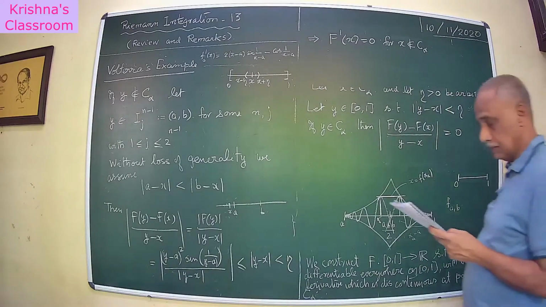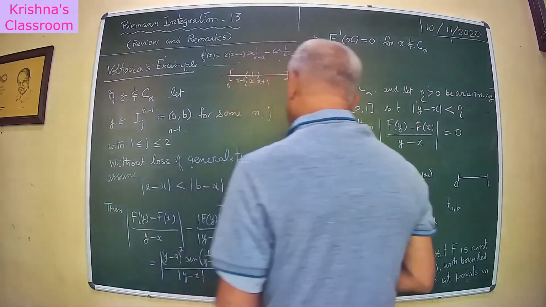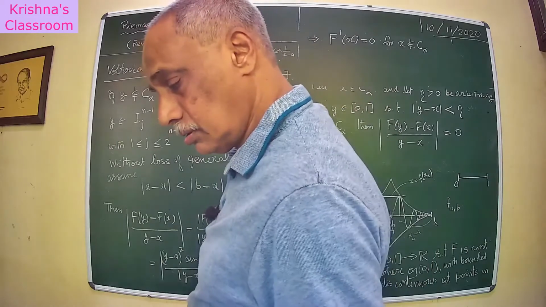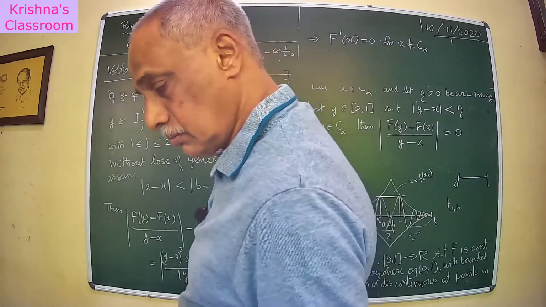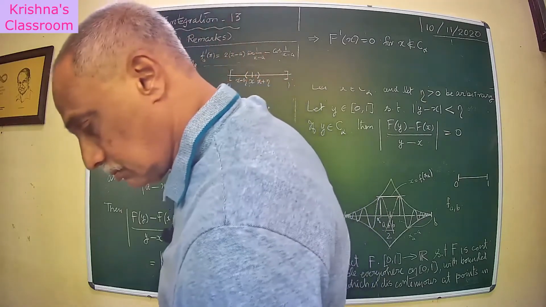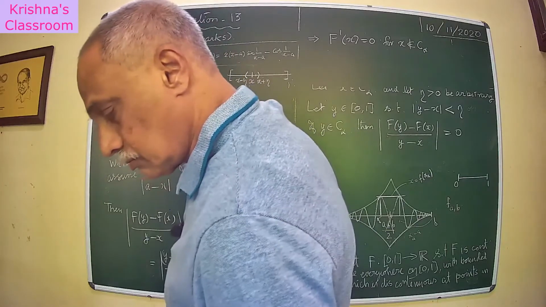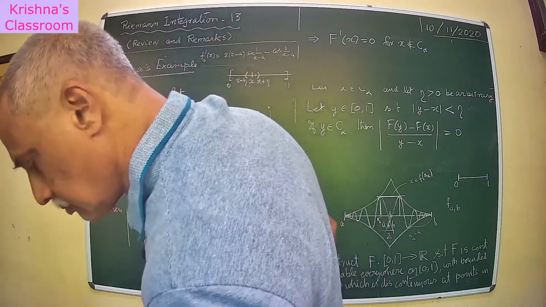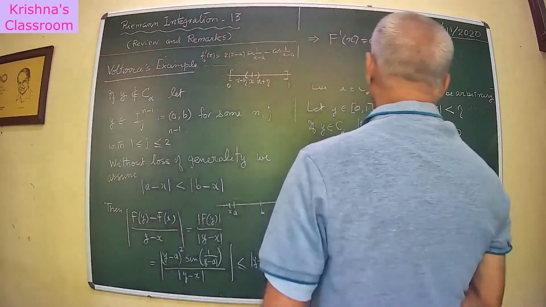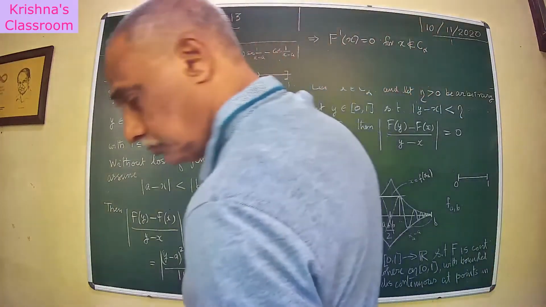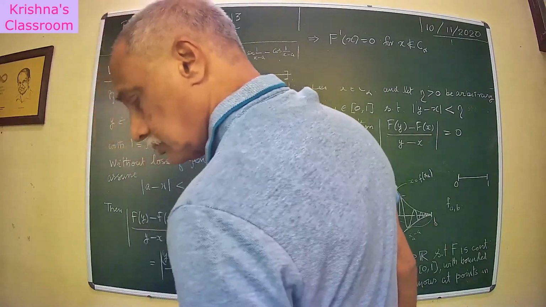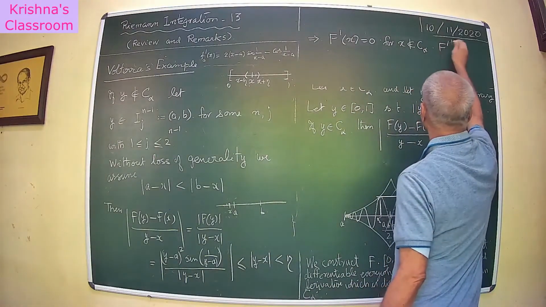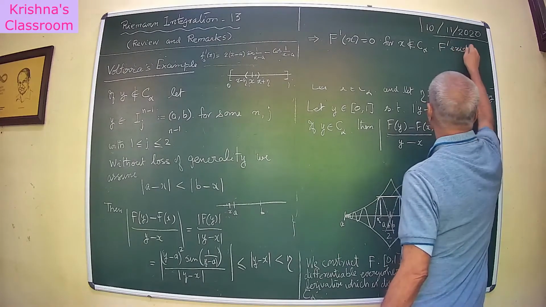The derivative exists, and this is equal to what you call... Therefore, it follows that f derivative exists everywhere.